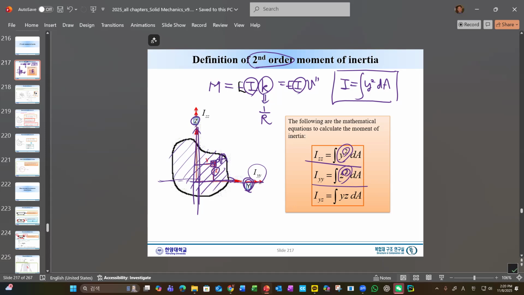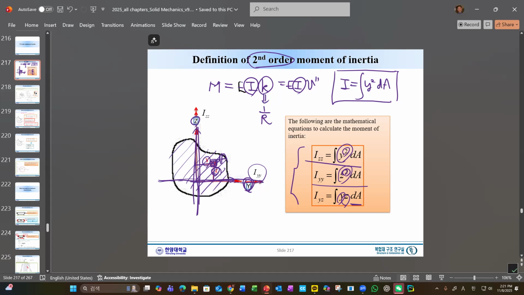Now we can define another second order moment of inertia with respect to these two axes, where dA has y and z, and dA. So in total we have IYY, IZZ, and IYZ. This is the definition of a second order moment of inertia.